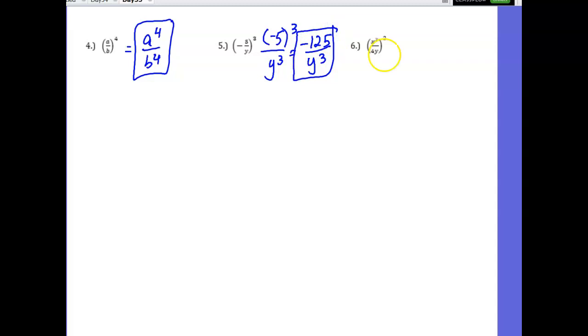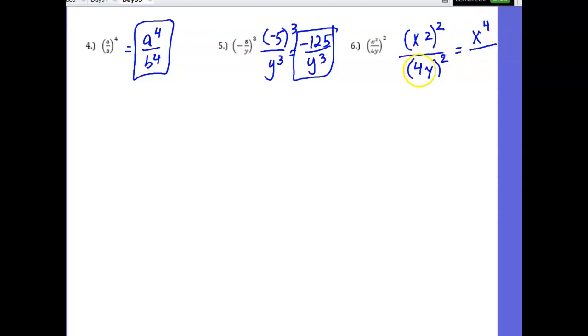Number 6, now we're going to apply power to a power, so x squared, we multiply, x to the fourth. Let's just break this one down a little so you can see it. We're actually taking the numerator, x squared, and we're squaring it, and then we're taking the denominator, 4y, and we're squaring that. x squared would be x to the fourth.